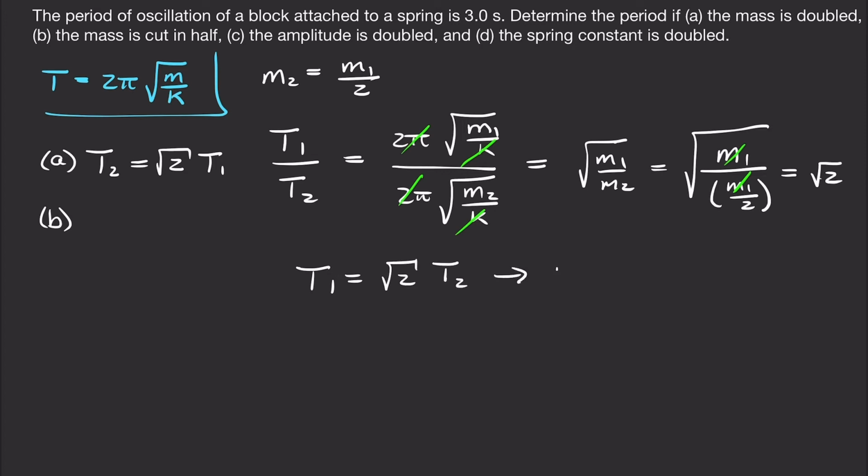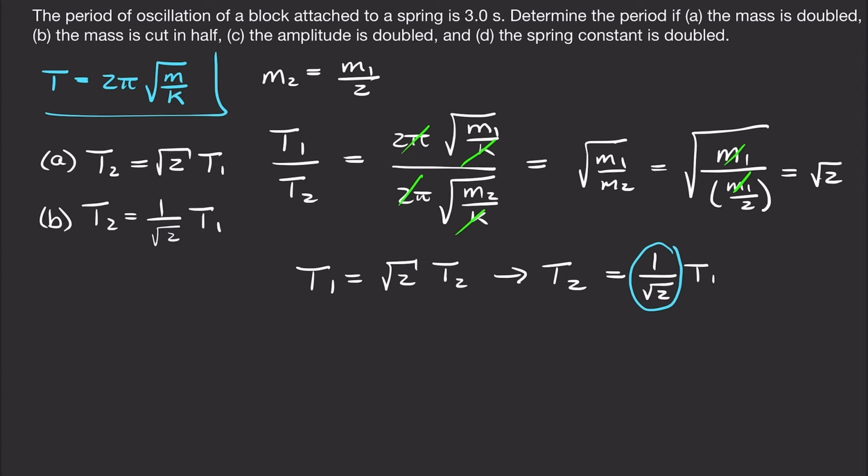But again, I want to see how the period changed, so I'm going to write it as T2 is equal to 1 over the square root of 2 times T1. So this tells us the factor by which our period changed. T2 is 1 over square root of 2 times the value it was initially.